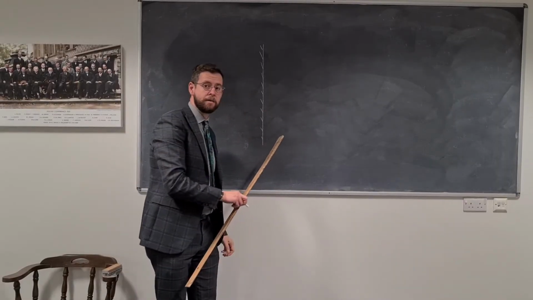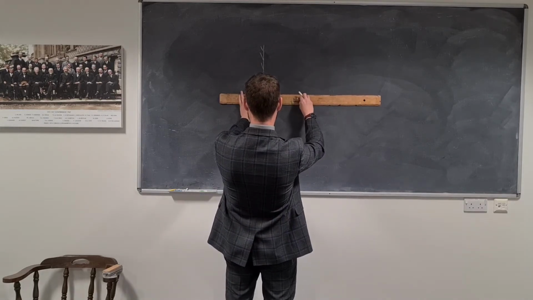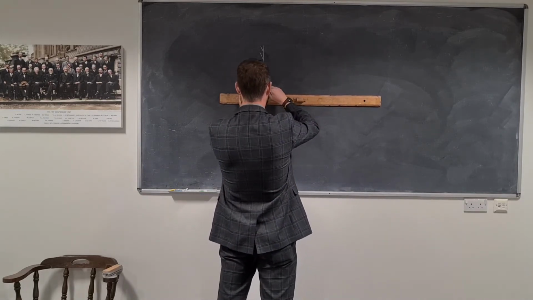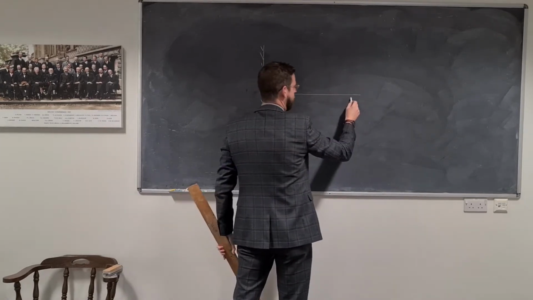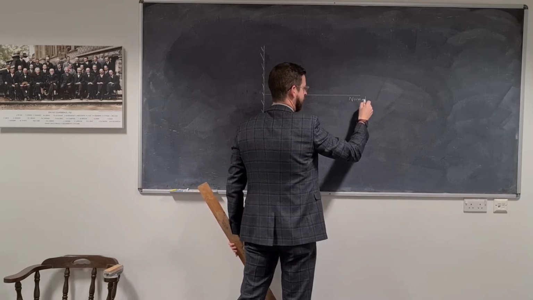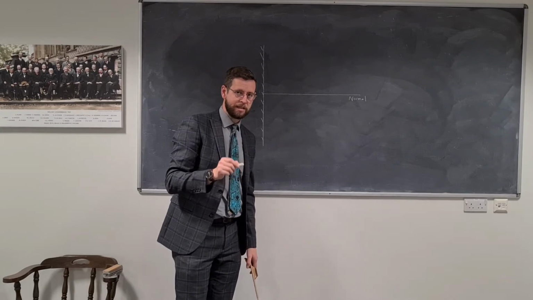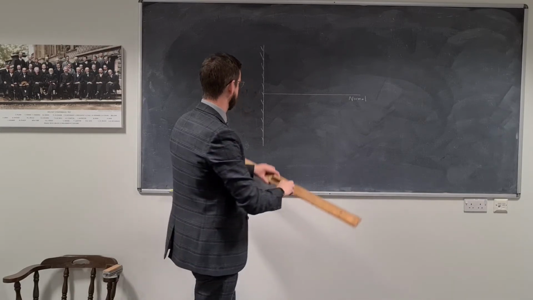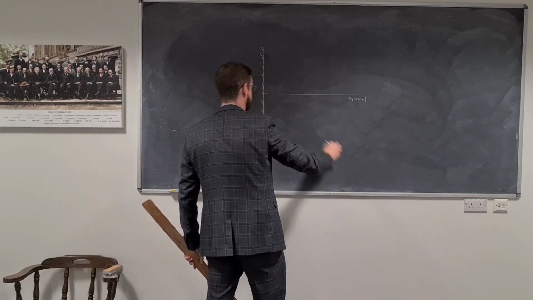So here we have the mirror, and we're going to draw, best I can, the normal line. Remember that the normal line is at 90 degrees to the surface of the mirror, and it is against this normal line that we measure our angles. It doesn't matter if it's coming in to the top or from the bottom.